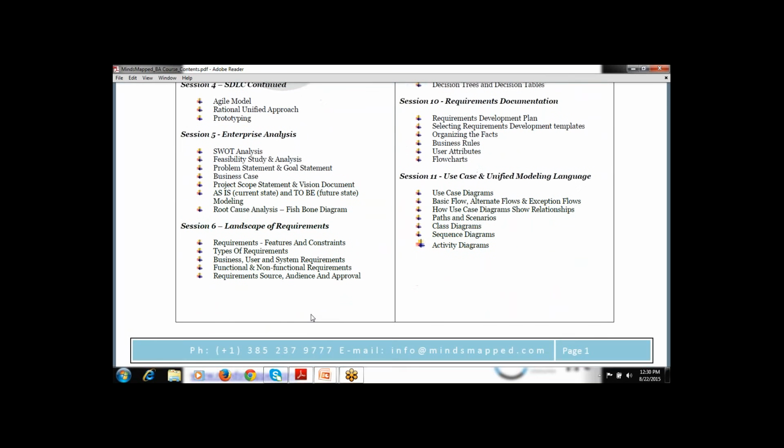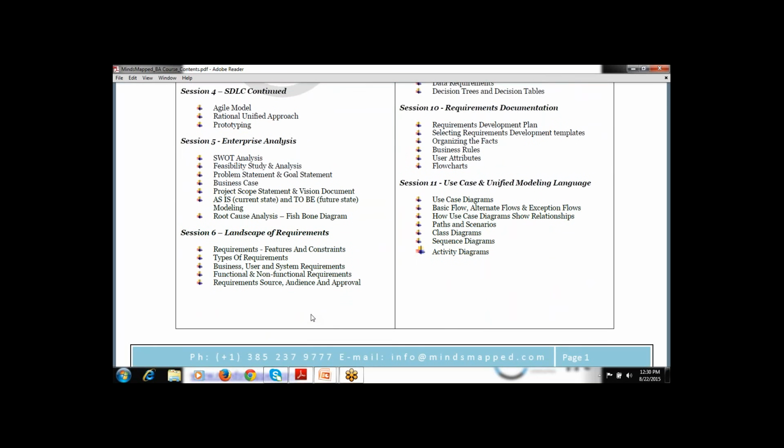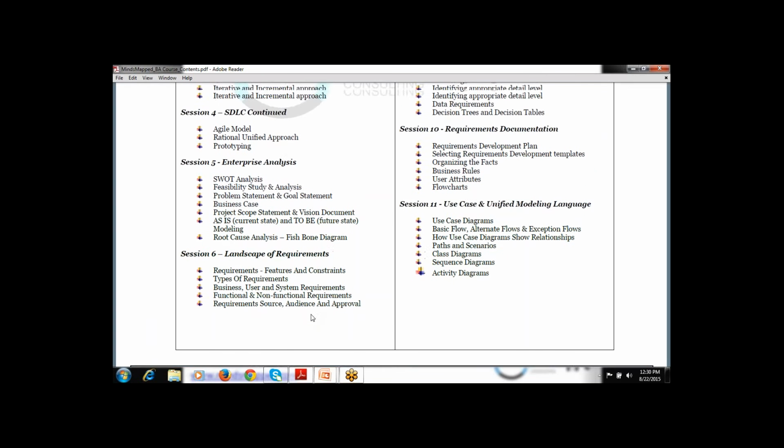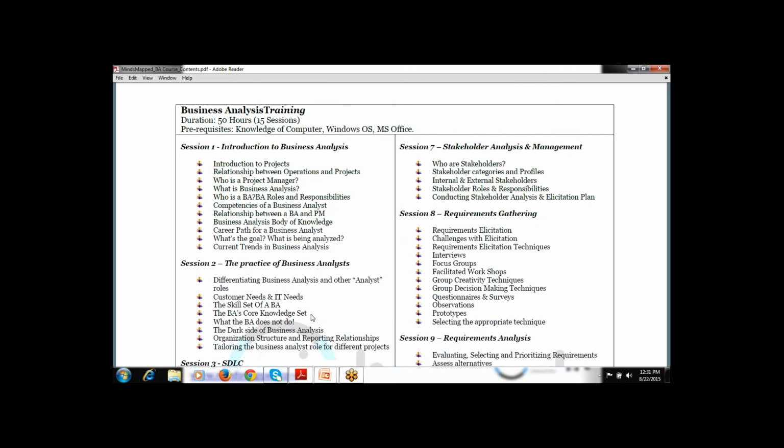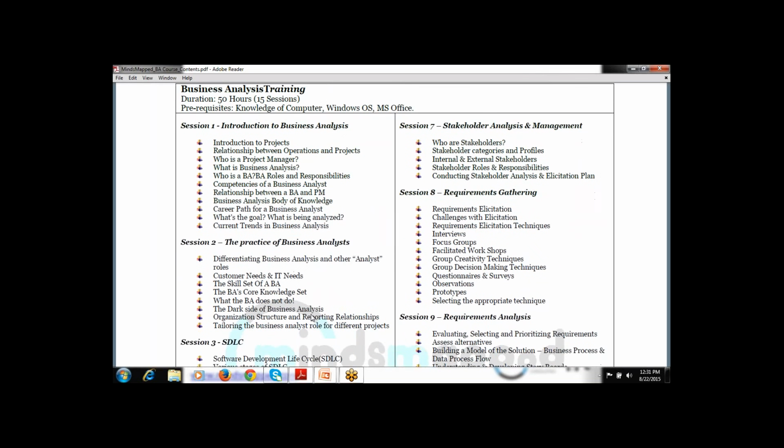Okay, how do you actually gather requirements, the types of requirements, what is a functional requirement and non-functional requirement. I think we've just touched on that, but we will go into more detail. Then how do you understand who is a stakeholder, how do you manage the requirements, how do you actually gather the requirements.